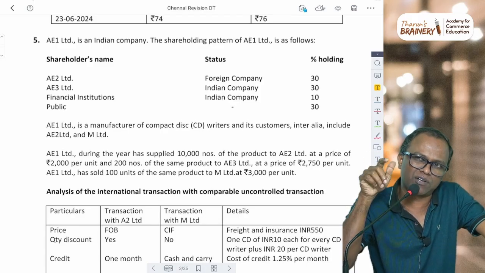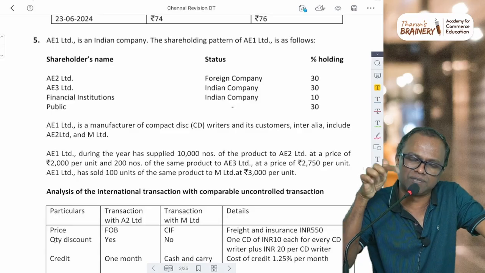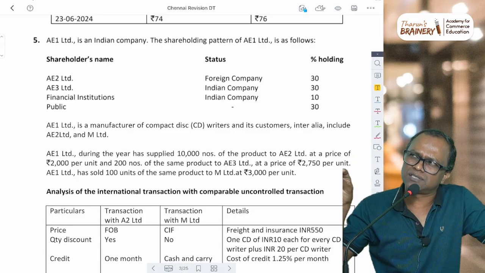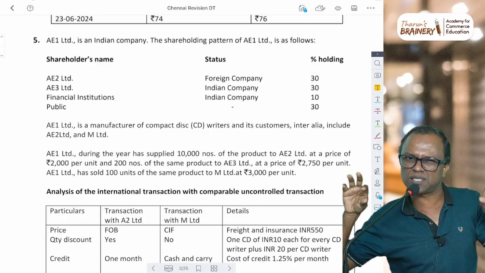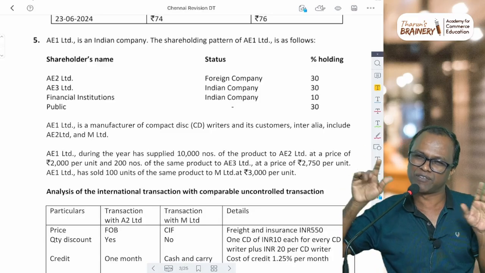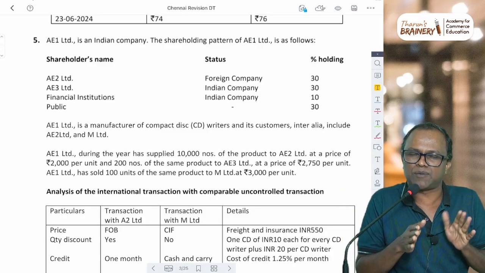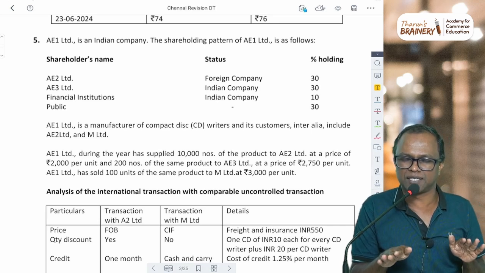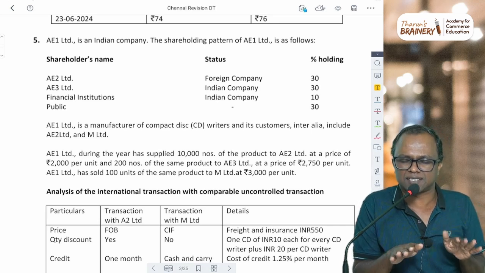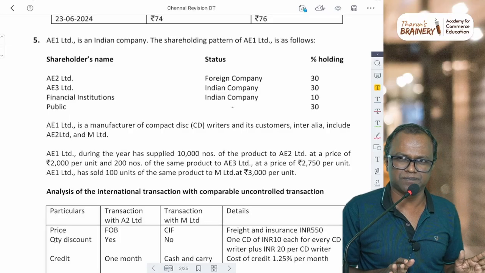So by using the turnover filter, if we sold 10,000 to a related party, we will select only unrelated party sales of almost 10,000 or 11,000 or 9,000 or 8,000 or 12,000. So in this question, in the absence of any other data, we are taking M Limited as the unrelated party, and the comparable transaction is M Limited with M Limited.